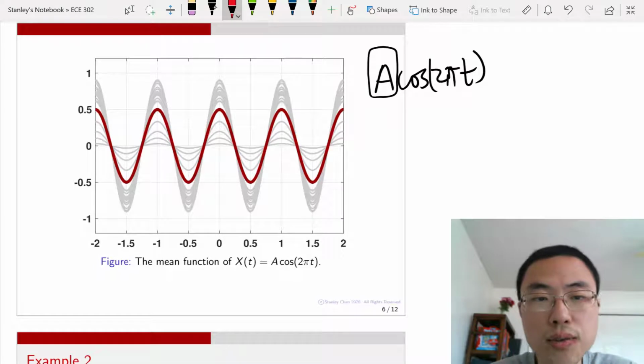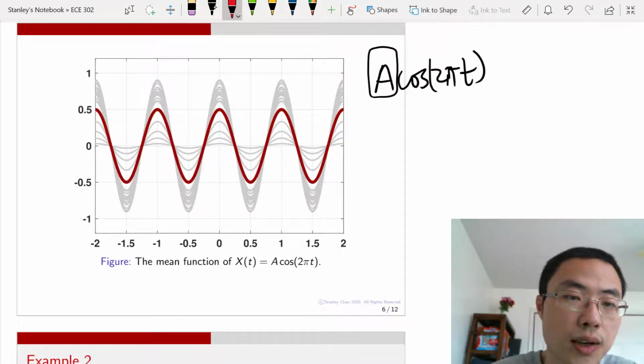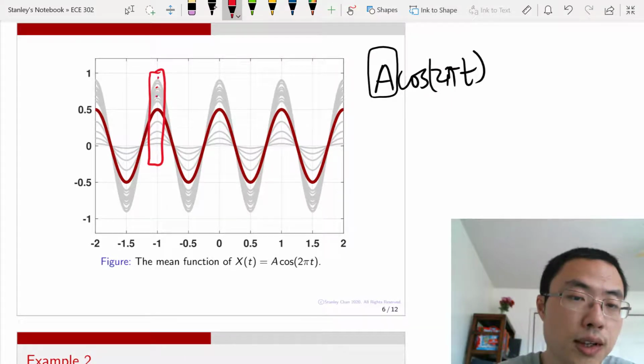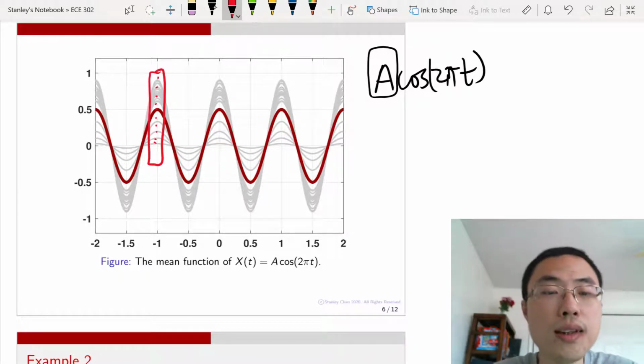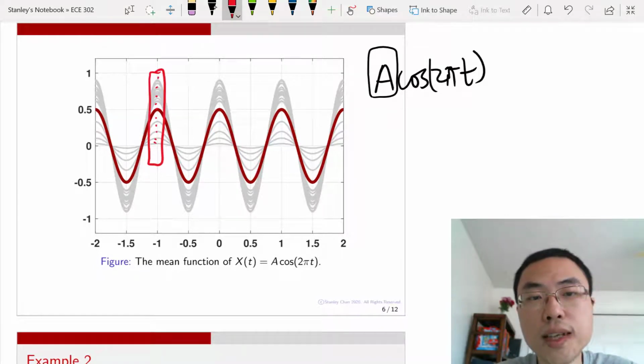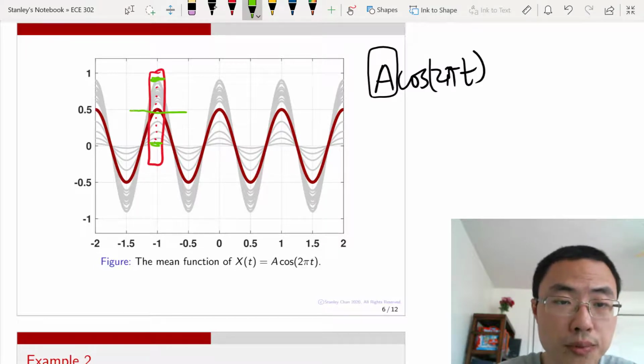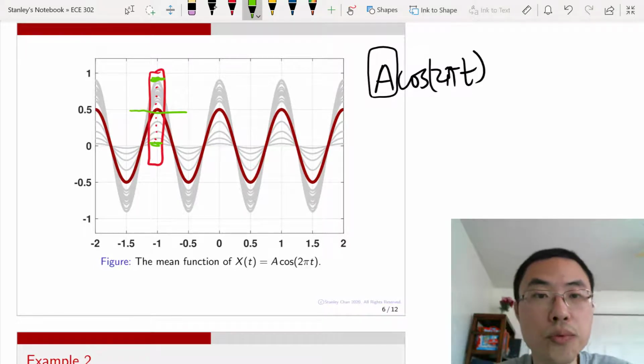The statistical average says that I am going to look at, for example, any time instant, I am going to put a box here, and then I treat every number as a realization of a random variable. And then I ask, what is the average? Now the average here, you can have something here, you can have something there. The average, of course, will be somewhere in the middle, and that is 1/2.